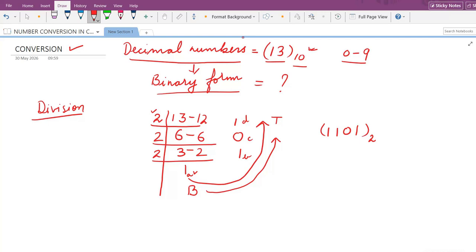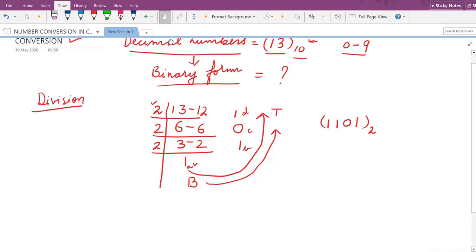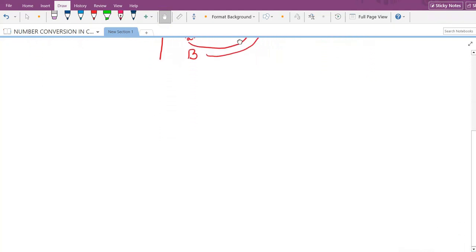Please do not do this. If I want to show you in a clean method, I would like to tell you that you do it directly like this, because in the exam, if you go out of the rules, it's a problem; practice them. 2 6s are 12, just do it mentally. 2 6s are 12, and mentally you calculate 13 minus 12, it is 1. 2 3s are 6, means gone, nothing is there.